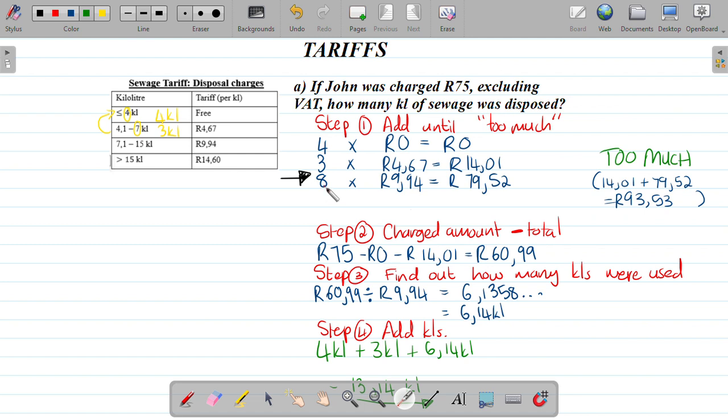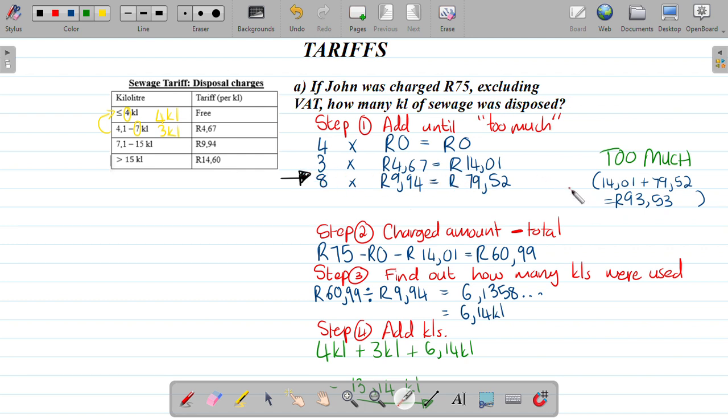So what can we see from this, guys? Definitely he used 4 kiloliters because it doesn't add up to 75, it was free. The 3 kiloliters adds up to this much, and then the next amount of kiloliters he used must fall into this tier over here. So we need to go and determine how many kiloliters he would have been charged in this tier over here.